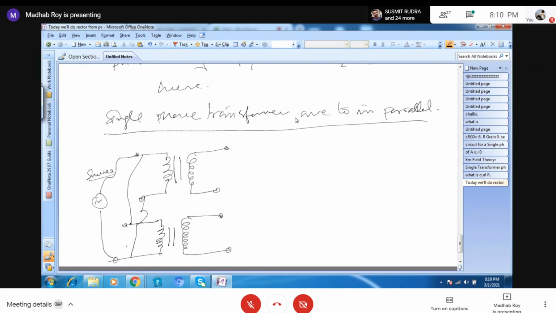We connect two transformers T1 and T2 as primary like this. As far as doing the parallel in primary connections, that's not a problem because each one is taking its magnetizing current individually.